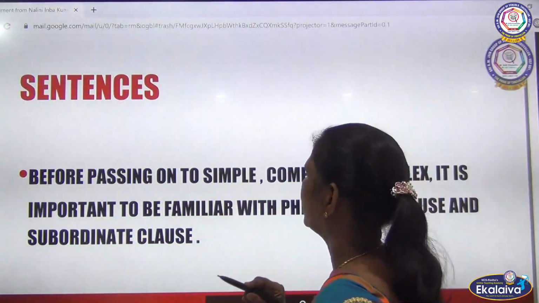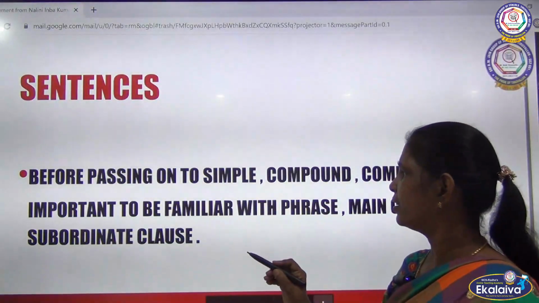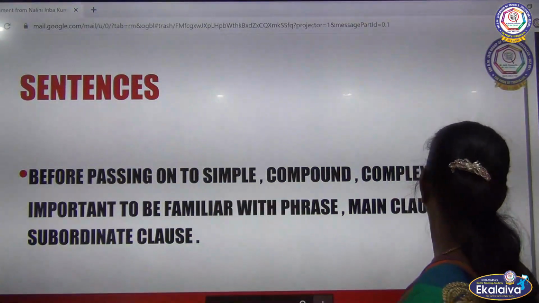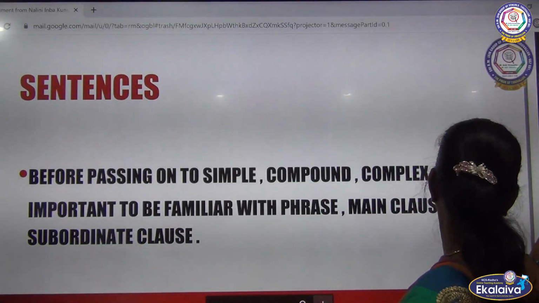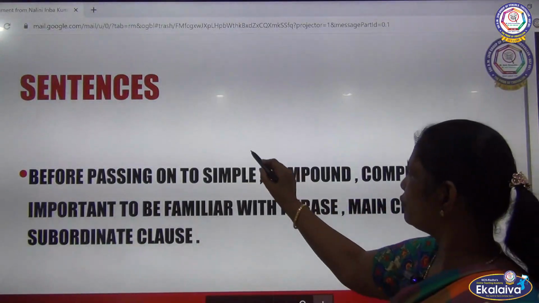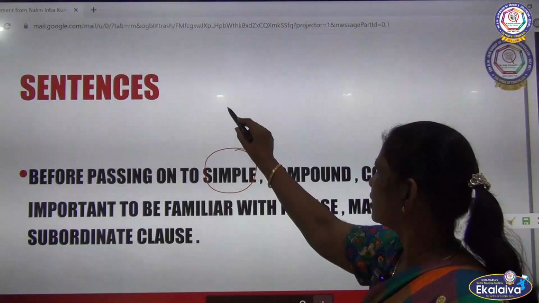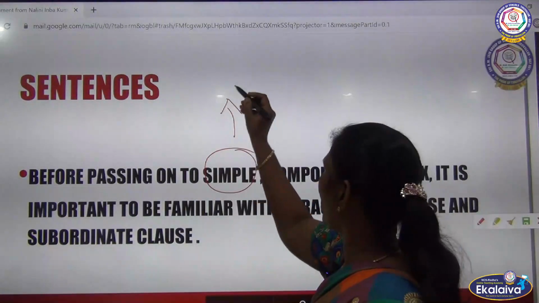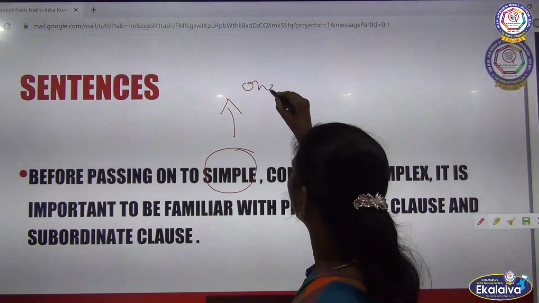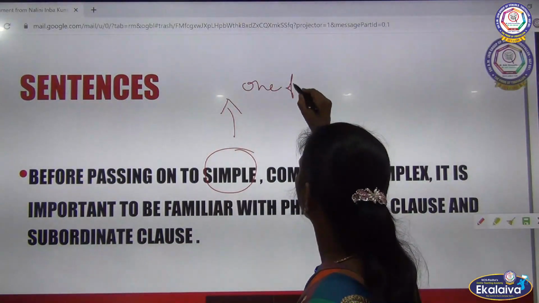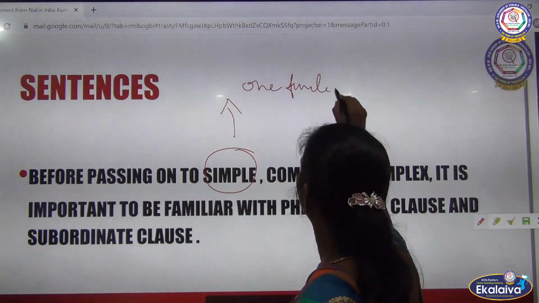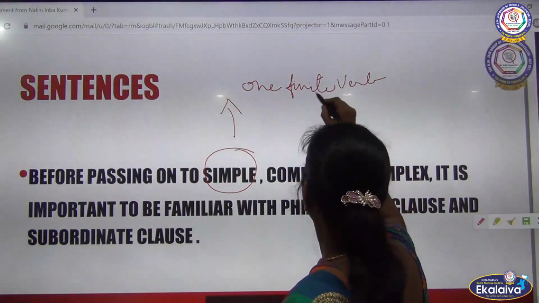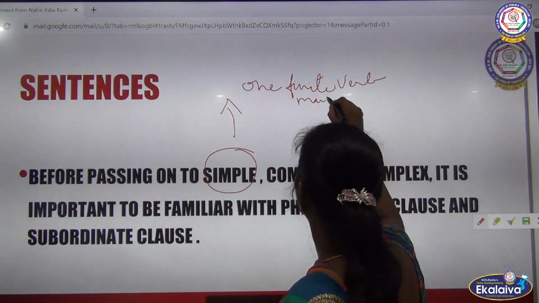Okay. So now you tell me the structure of a simple sentence. The structure of a simple sentence is, you will be having one finite verb or main verb.